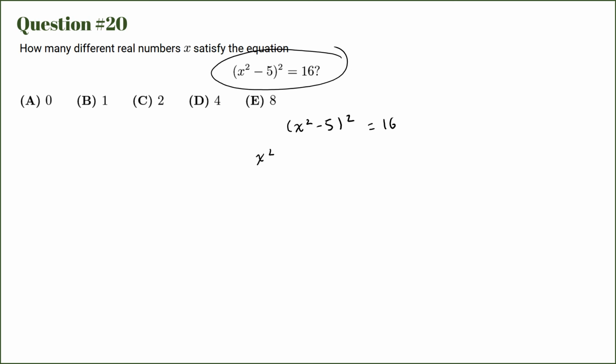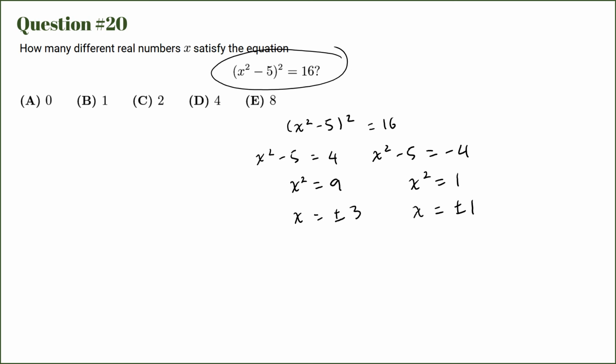Either x squared minus 5 equals 4, or x squared minus 5 equals negative 4. Add 5 to both sides, that's x squared equals 9, or x squared equals 1. So then x could equal positive or negative 3, or x could equal positive or negative 1. So the answer is D.